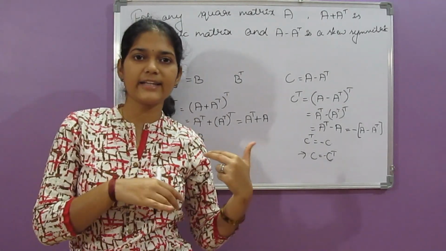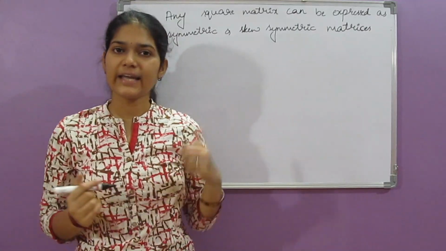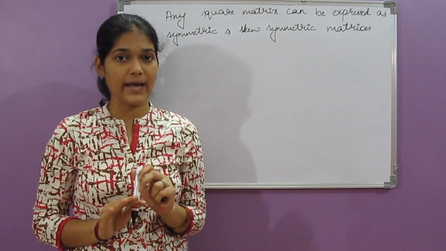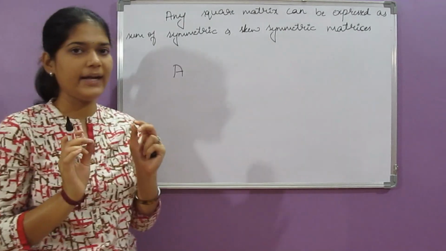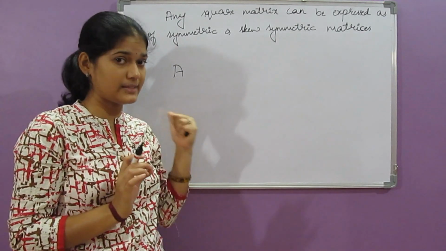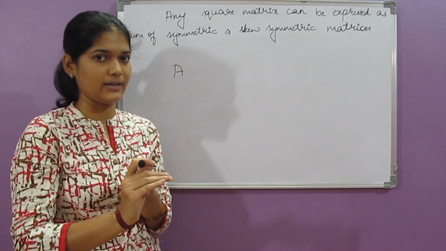Now let's see another result on these symmetric and skew-symmetric matrices. The next result is any square matrix can be represented as the sum of symmetric and skew-symmetric matrices. Let A be any square matrix. Then we have to express this as the sum of a symmetric matrix and a skew-symmetric matrix.